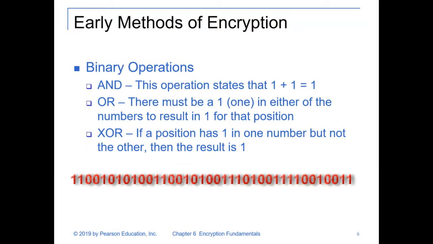If it has a 1 and a 0, then the result will be 0. The OR operation says that at least one of the numbers has to be a 1 for the result to be a 1. So if you have a 1 and a 1 that you're comparing, the result will be 1. If you have a 1 and a 0, the result will be 1. If you have 0 and 0, the result will be 0.